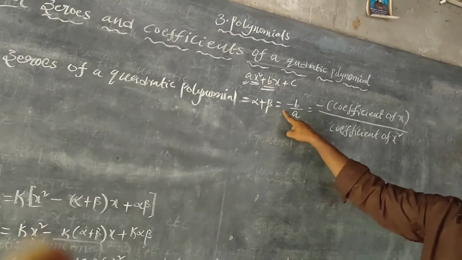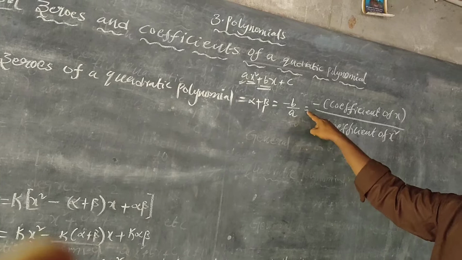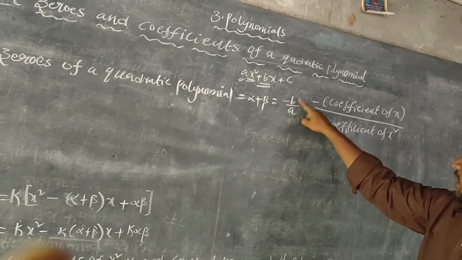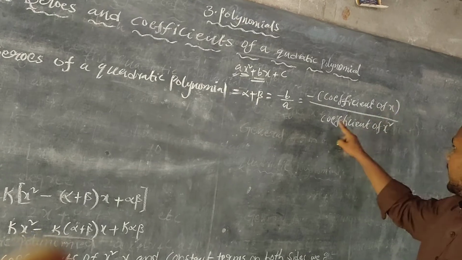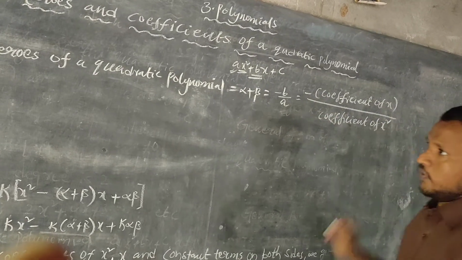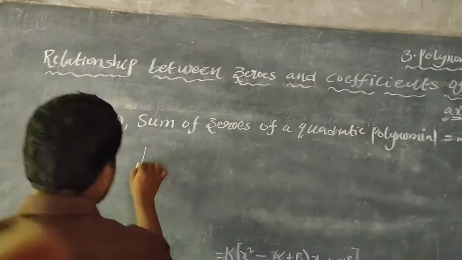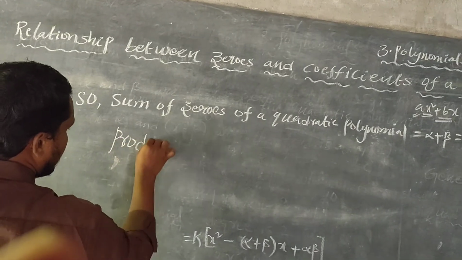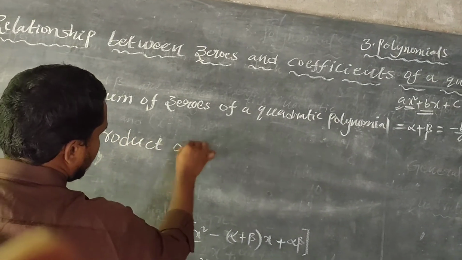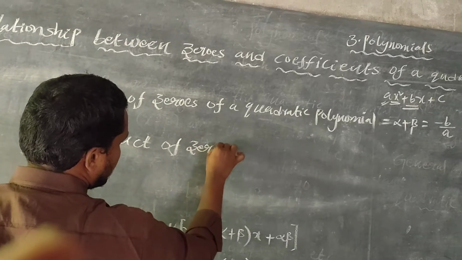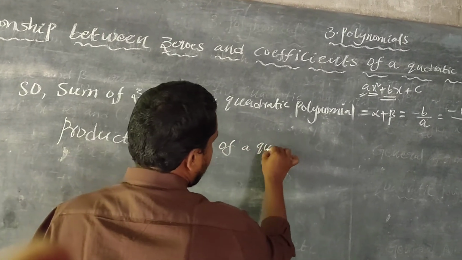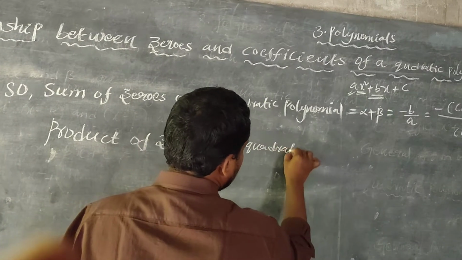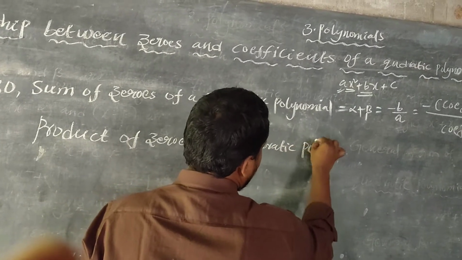Alpha plus beta is equal to minus b by a, which in words is minus the coefficient of x divided by the coefficient of x square. The second one is the product of zeros of a quadratic polynomial.